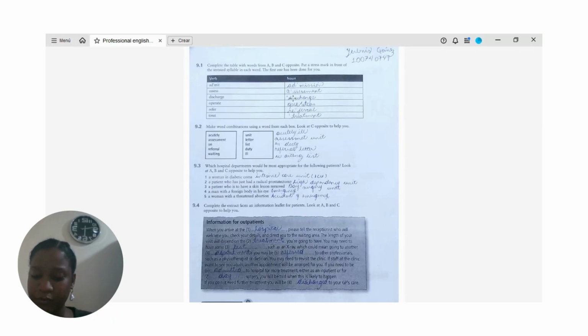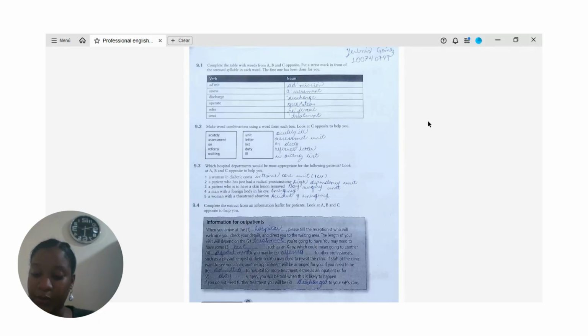9.3 Which hospital departments will be the most appropriate for the following patients? Look at A, B, and C opposite to help you. 1. A woman in a diabetic coma: intensive care unit. 2. A patient who has had a radical prostatectomy: high dependency unit. 3.